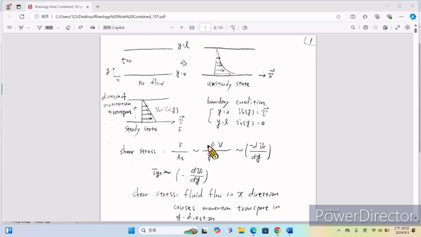Starting from this, because some of you may not even have a background in fluid mechanics, let me put it this way. If I start from the very basics of fluid mechanics, let's say you have a fluid in between 2 plates, and when there is no fluid flow, I'm pulling the lower plate with a velocity v.